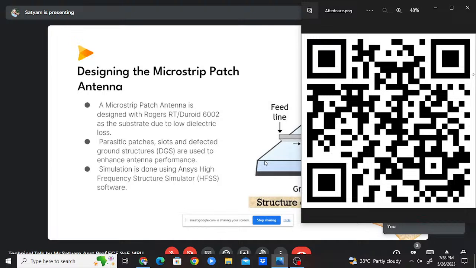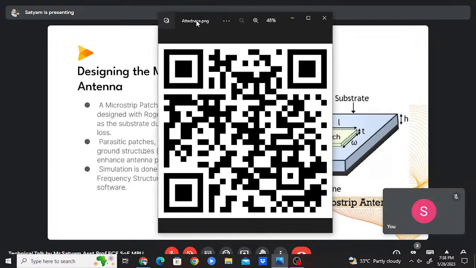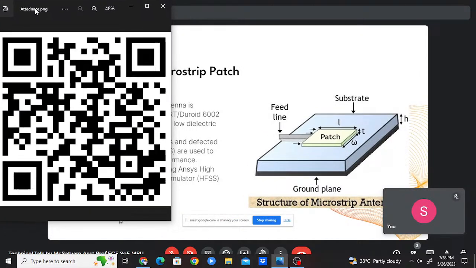And then to improve the performance, there are various ways: parasitic patches, slots, defected ground structures. A lot of variations. With defected ground structures, we make some sort of slot, we change the ground dimension, and then we add some defect, meaning slots, cuts, right? That makes my ground a defected ground.